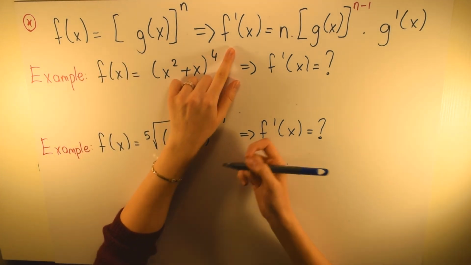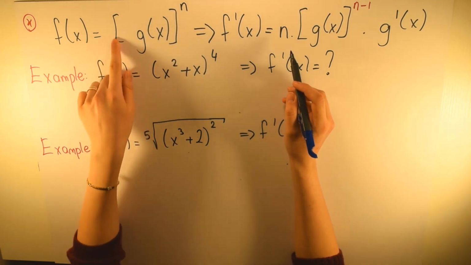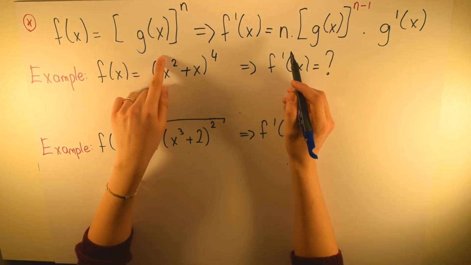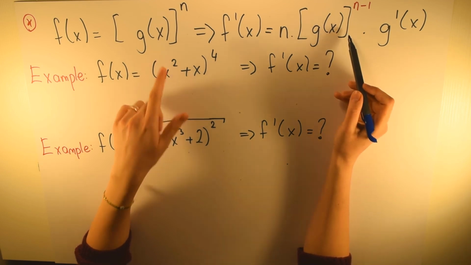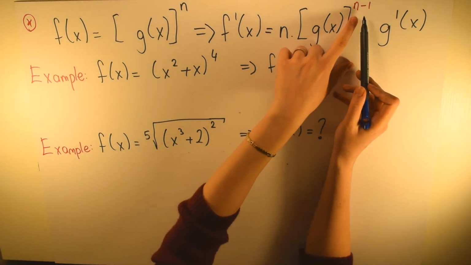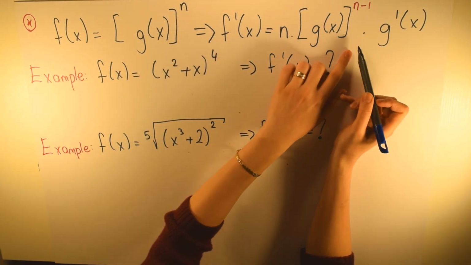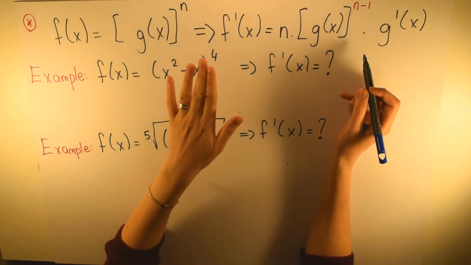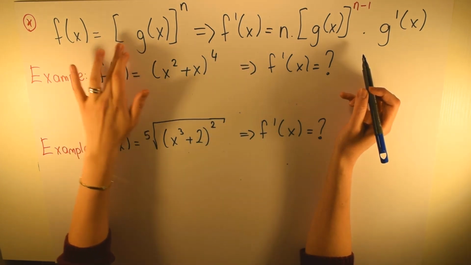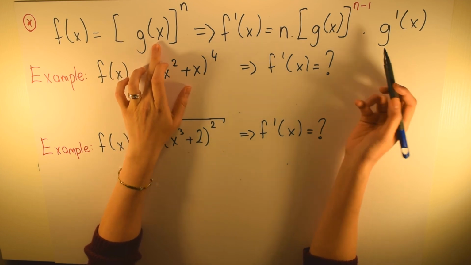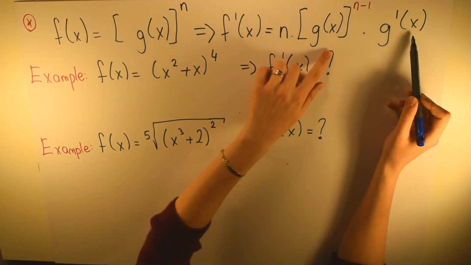Its derivative is equal to, first you put this n in front of this expression, okay, then you write g of x to the power of, then you reduce the power by 1. Here, n minus 1. But after that, it's not over yet. After that, you take the derivative of the inside of this parenthesis, which is g of x, right? And then you take its derivative also after this one, okay?